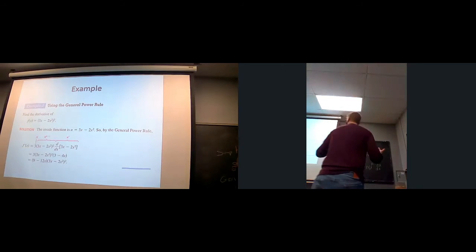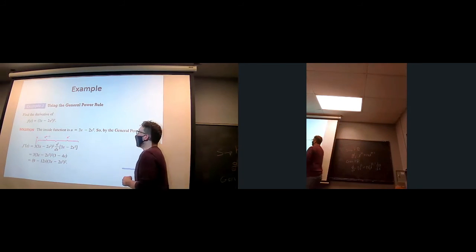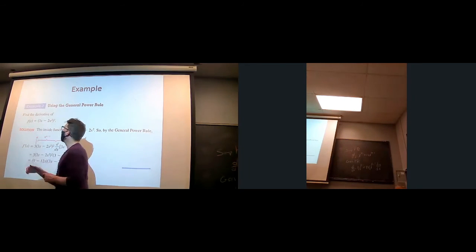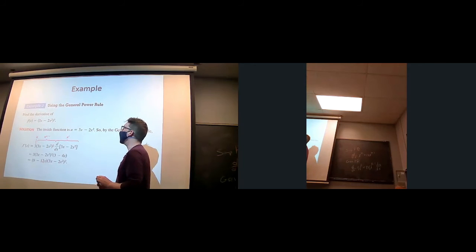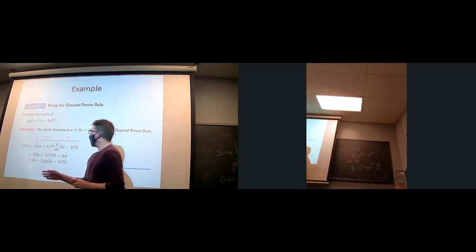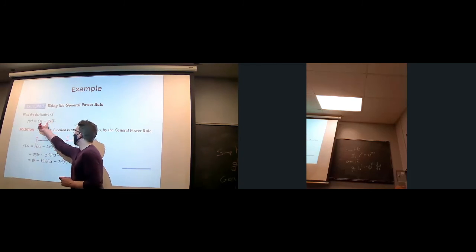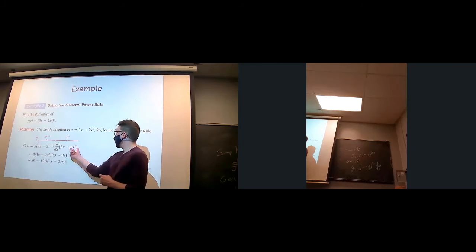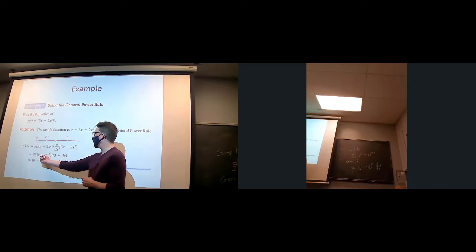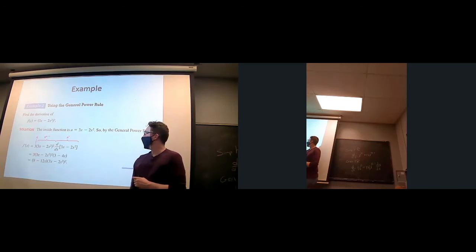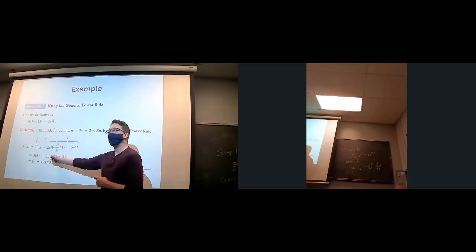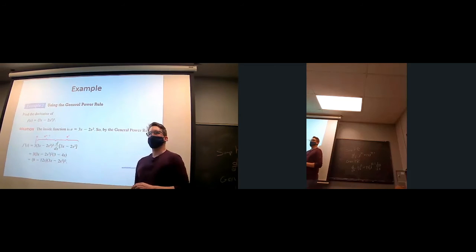Again, same thing. Applying it now. Take the derivative of what's inside of u. That's going to give you 3 minus 4x. And the derivative of this whole thing is going to be that 3 minus 4x times lowering our power and reducing it by 1, right?